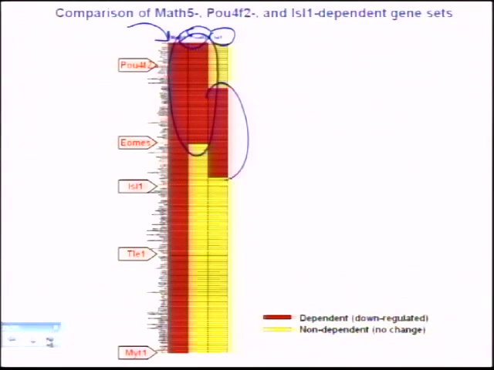Here are the genes that are downregulated, and here are the genes that aren't affected. And then right here is the overlap between POU4F2 and Islet1. So we can see the four different patterns emerging from this cluster diagram that are associated with the different transcription factors, and that allows us to build a little network that I'll show you in the next slide.